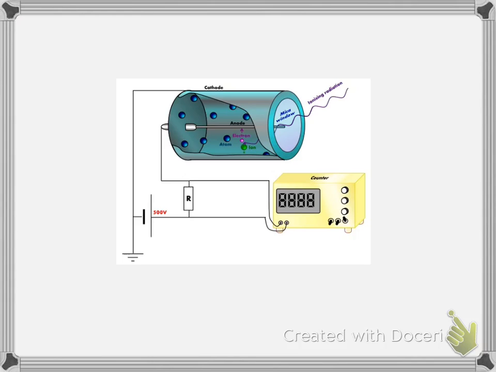So this is a Geiger-Müller tube, and you have a charged anode here, which I've highlighted in red, and then the casing is another charged part, a cathode. Now, anode and cathode can be positive or negative. It sort of depends upon the situation, but the important part is that they're charged.